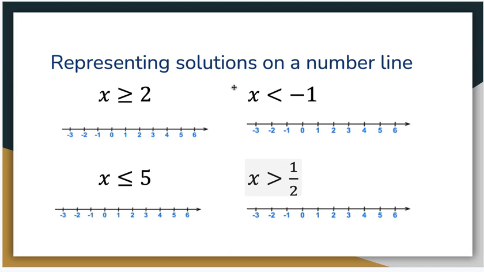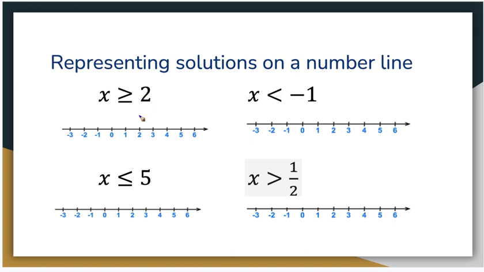Now, because there are many possibilities, it is good to represent it using a number line. Let us take a look at these examples. As we can see earlier on, when it is greater than or equal to 2, then 2 is inclusive.